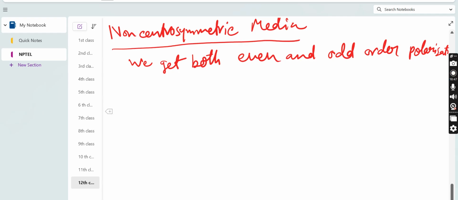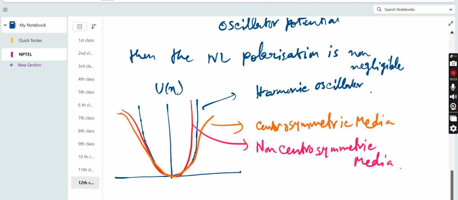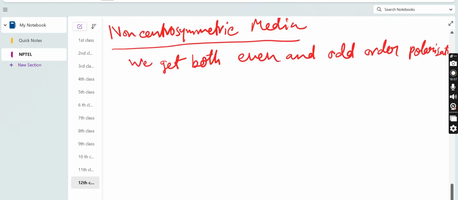So when we are taking the non-centrosymmetric approach, and the medium is non-centrosymmetric, then we will get second order harmonic generation.